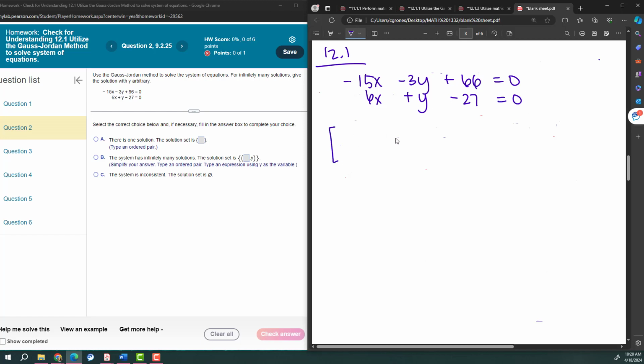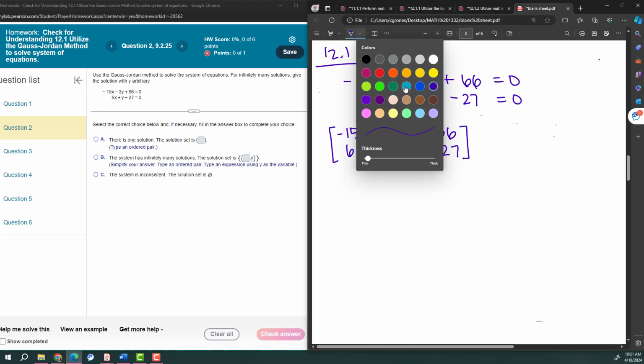So we're going to put these equations, set them up into a matrix, and we can solve for x and y. So we're only going to use the values, so negative 15, negative 3, and then 66. We're not going to put the zeros in there. And then we have 6, 1, and negative 27.